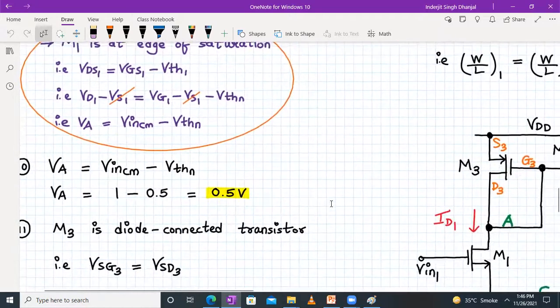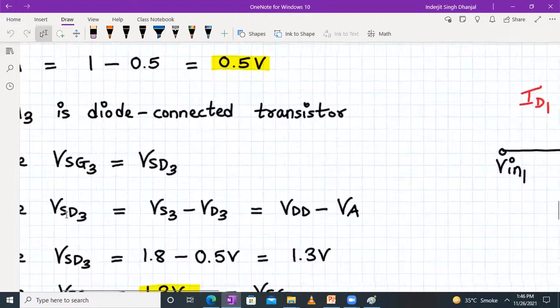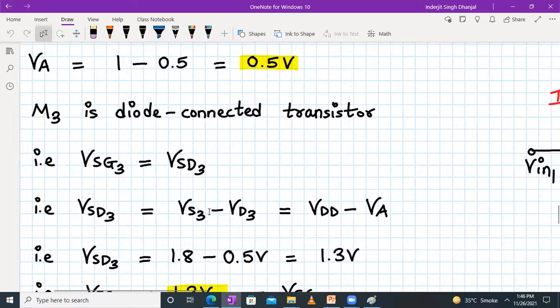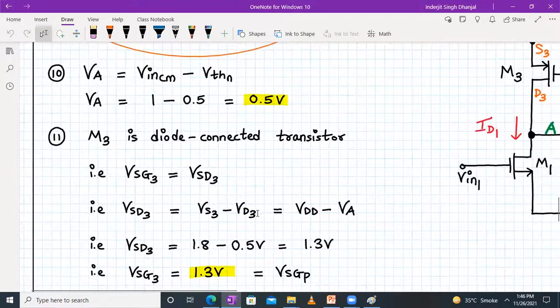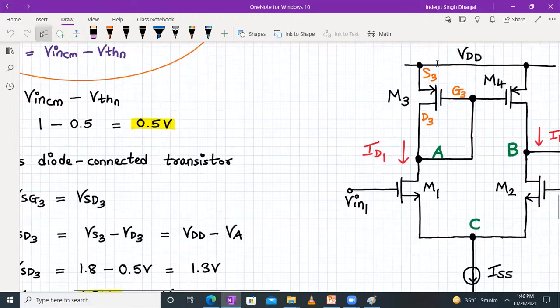Fine. So we already know that M3 transistor is diode connected. That means VSG3 is same as VSD3, correct? And what is VSD3? VSD3 is VS3 minus VD3, correct? So VS3 is basically VDD, and VG3 or VD3 is basically VA.